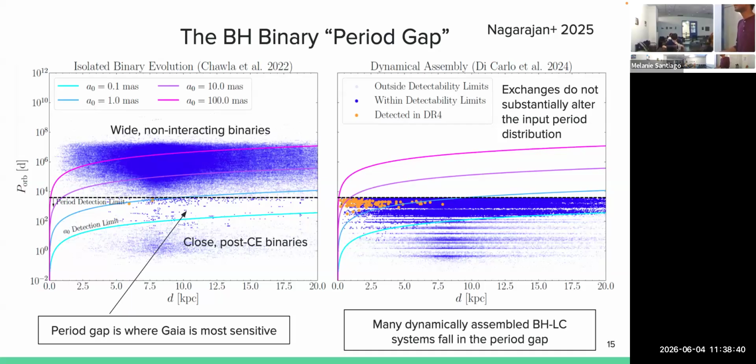And for these dynamical formations, do most of them go through common envelope? I think the idea is the ones that go through common envelope are just not the ones. So almost everything is not primordial. Basically, nothing is primordial. These are all exchanged binaries. So you have this whole flow chart of: this star comes in and swaps out, and then this star comes in and swaps out, right?